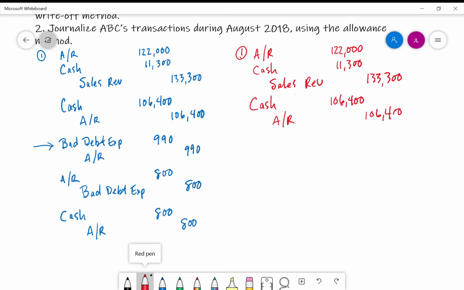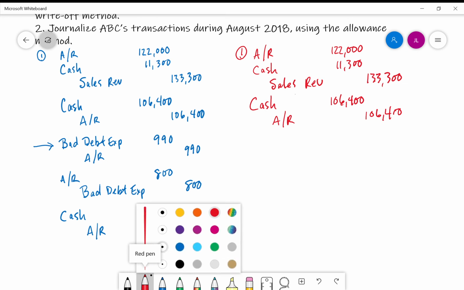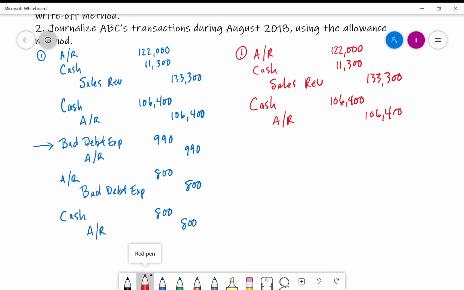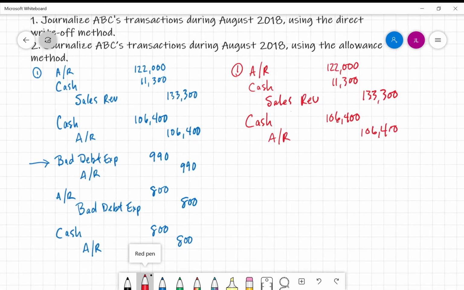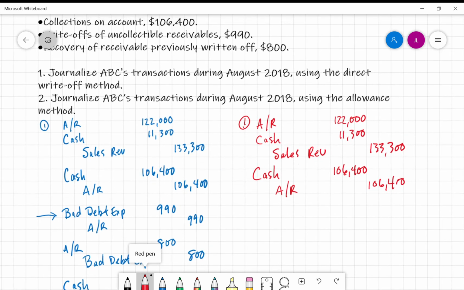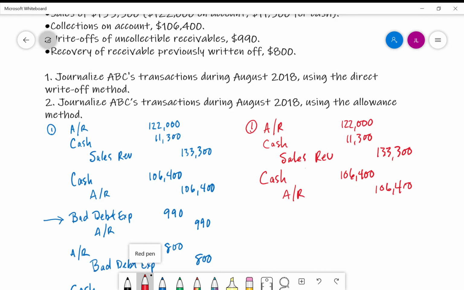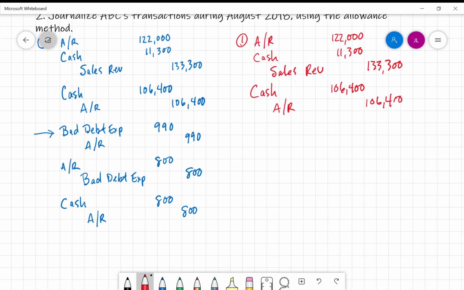And then when we get to the point where we're writing off, instead of just debiting bad debt expense for the write-offs, we've got to give an allowance for this.